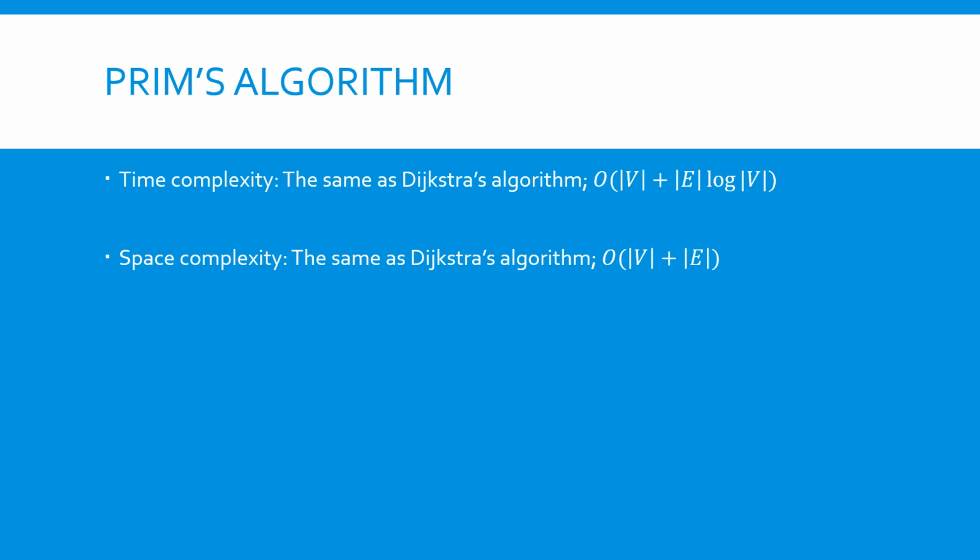Specifically, Prim's algorithm can run in O((V + E) log V) time, where V and E are the sizes of the node set and the edge set respectively. It also needs O(V + E) space. For more details, please review part 3 of this module.